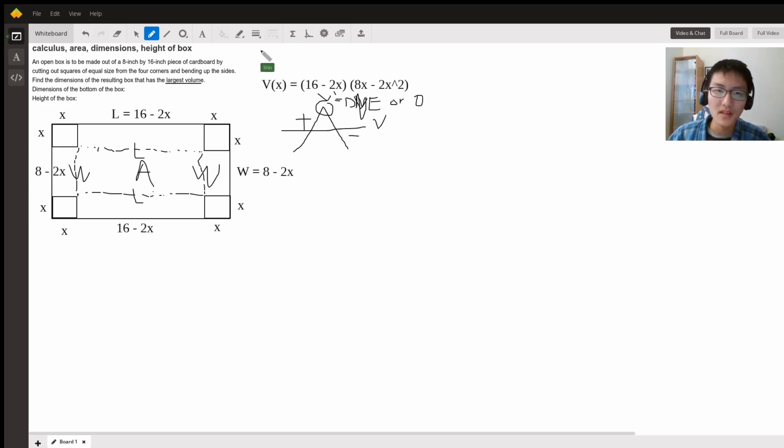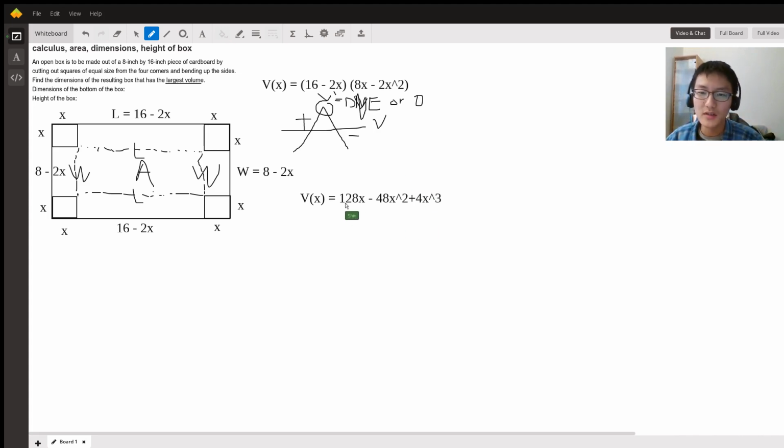And so now we're going to take the derivative. Before you do that, let's expand this equation here. Then it'll be easier to take the derivative. By expanding it using FOIL, you will get 128x minus 48x squared plus 4x cubed.